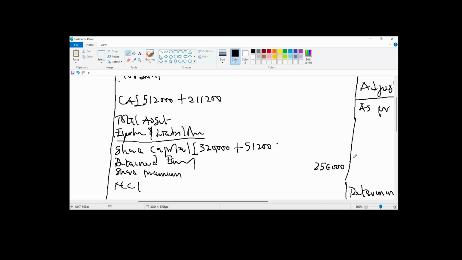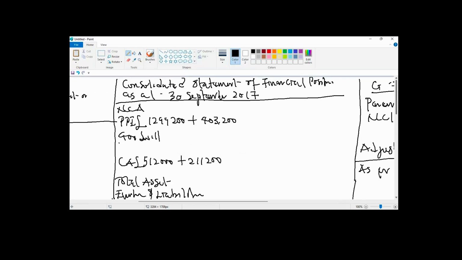Good. Additional information 1. At the date of acquisition, the fair value of the subsidiary's assets were equal to the carrying amount, with the exception of an item of plant, which had a fair value of 64 in excess of the carrying amount. Revaluation surplus, PPE 64.